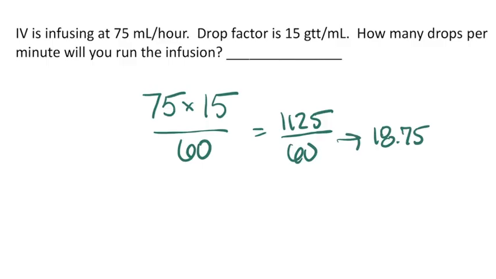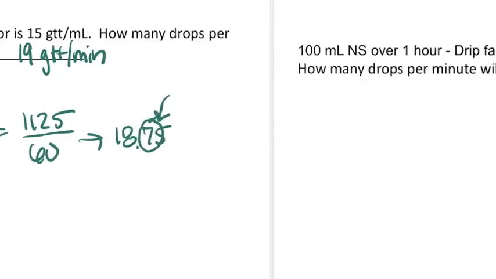Now, we know that we can't give 0.75 of a drop. So I'm going to look at the tenths place, because I want to round to the nearest whole number. And because that number is 5 or greater, I'm going to round this up to 19 drops per minute. Okay? So fun.